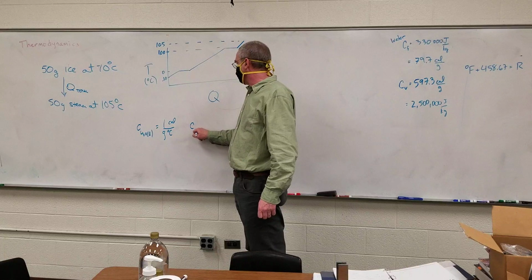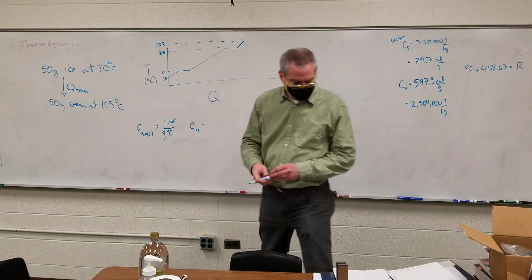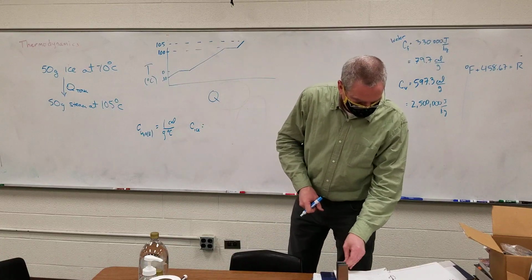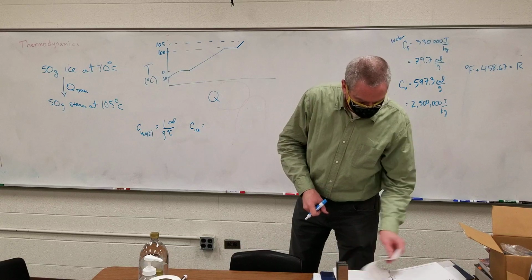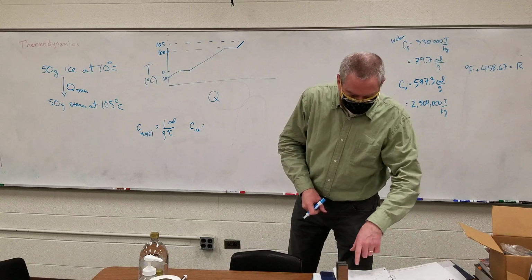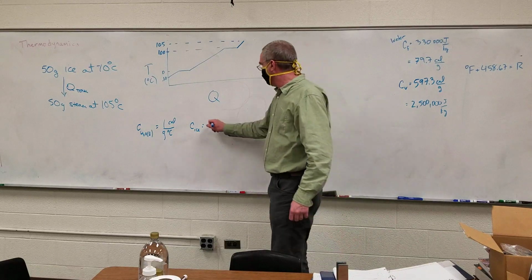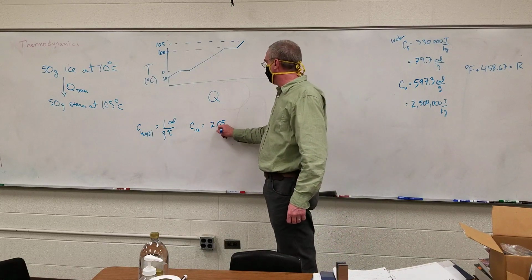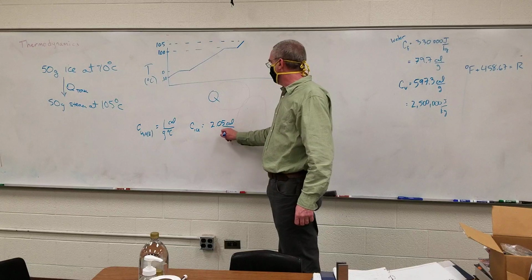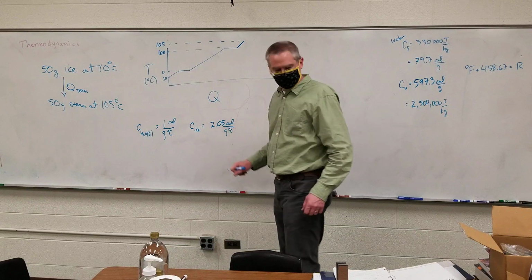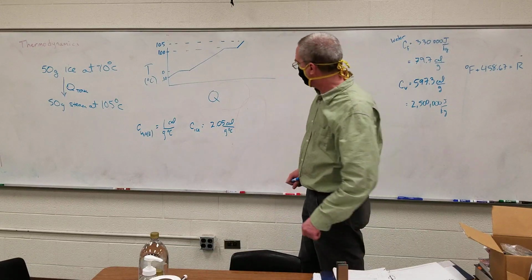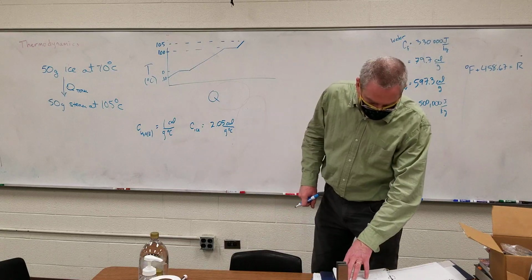Specific heat of ice, 0.05 calories per gram degrees Celsius. Make sure I saw that correctly. Oh, that's joules. Dang it.